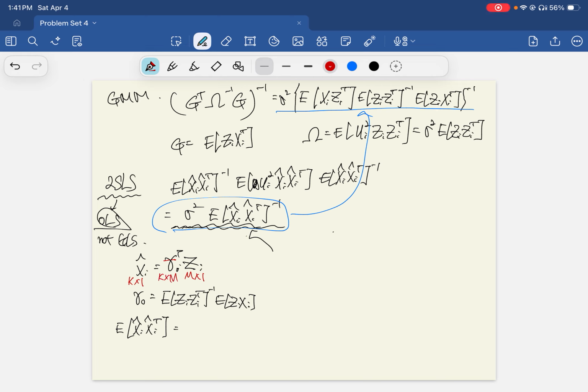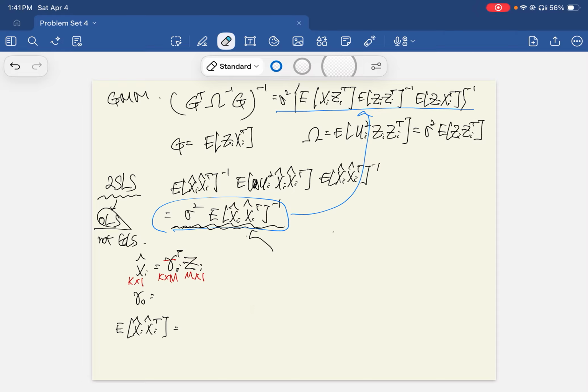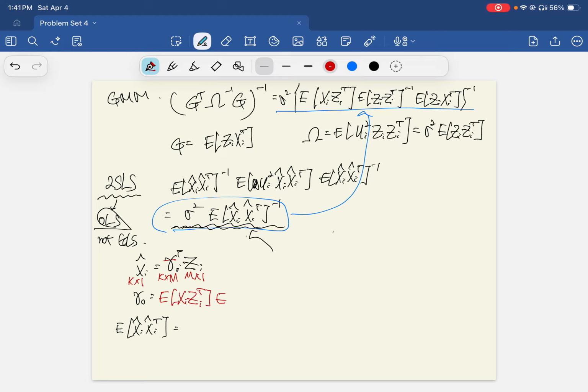Okay, so then here you need to write it as expectation xi zi transpose times expectation zi zi transpose inverse. Same thing, but I had to match it like k by 1, 1 by m, so m by m matrix. So this is right.